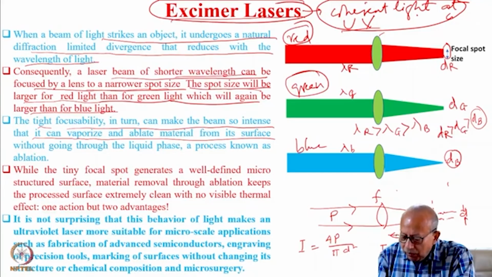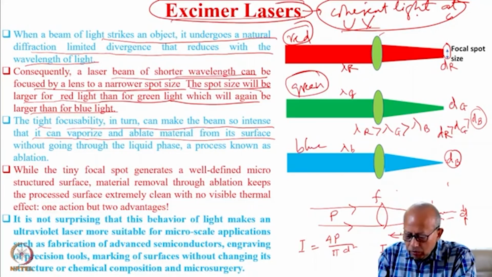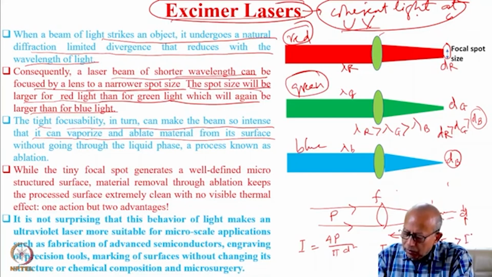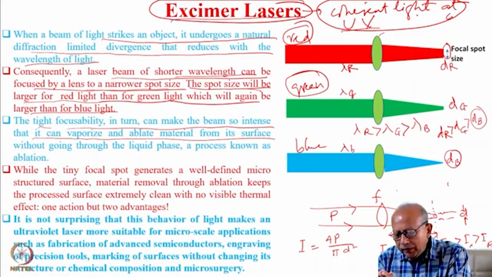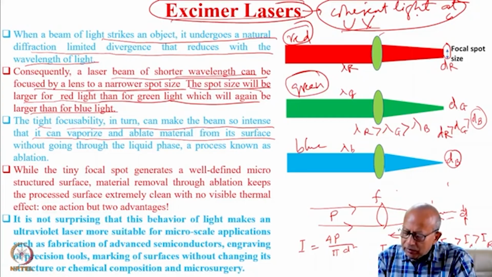It goes as the inverse square of the diameter. So the intensity for a blue beam is going to be much more than that of green, which will be much more than that of red. So by lowering the wavelength, you can increase the intensity at the focal plane.